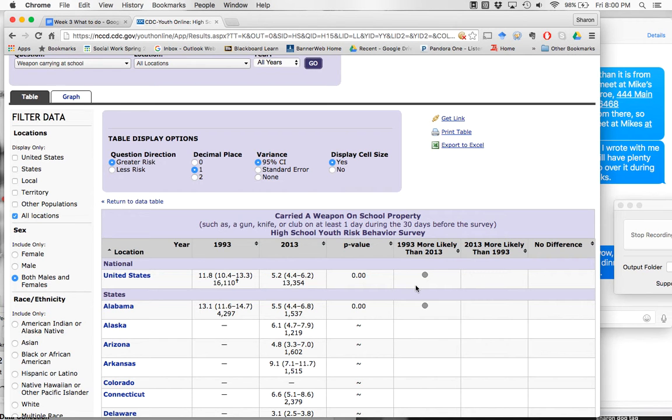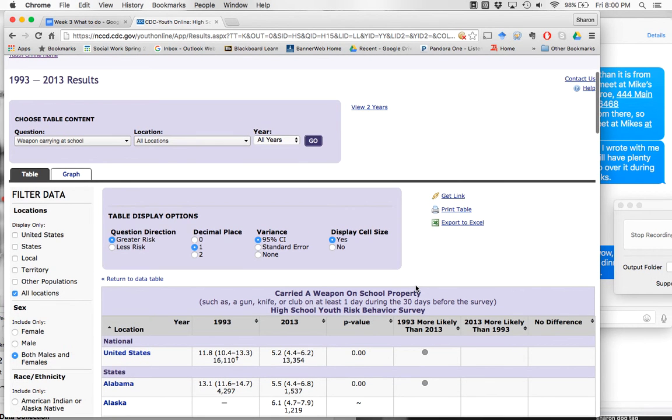So you can see that in 1993, 20 years ago, students were much more likely to carry a weapon on school property. So that would be interesting if you wanted to do a study on school violence and talk about school violent trends, because this would be able to elucidate that statistically, kids are carrying fewer weapons now than they did 20 years ago. So there's lots of things you can also do with this.